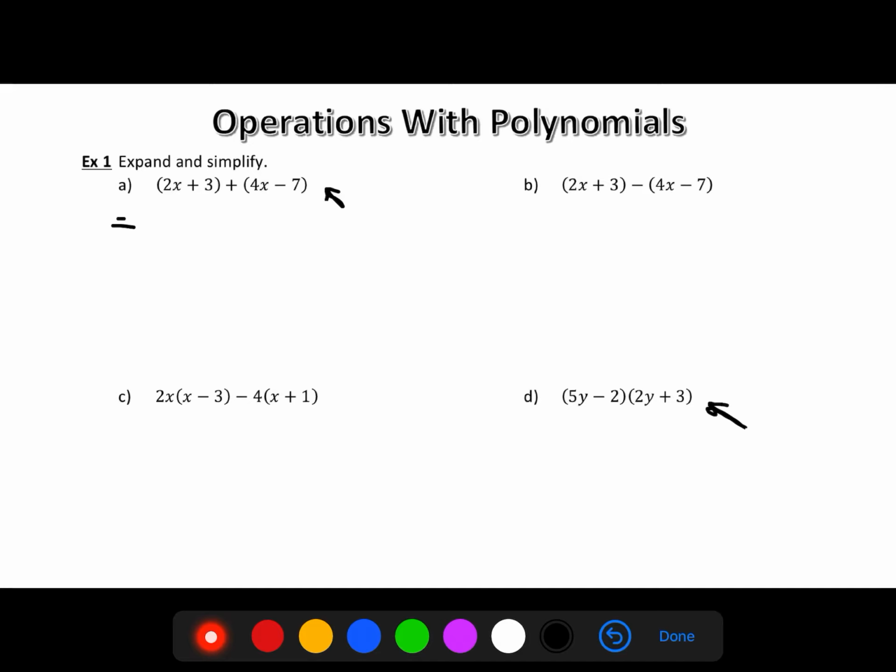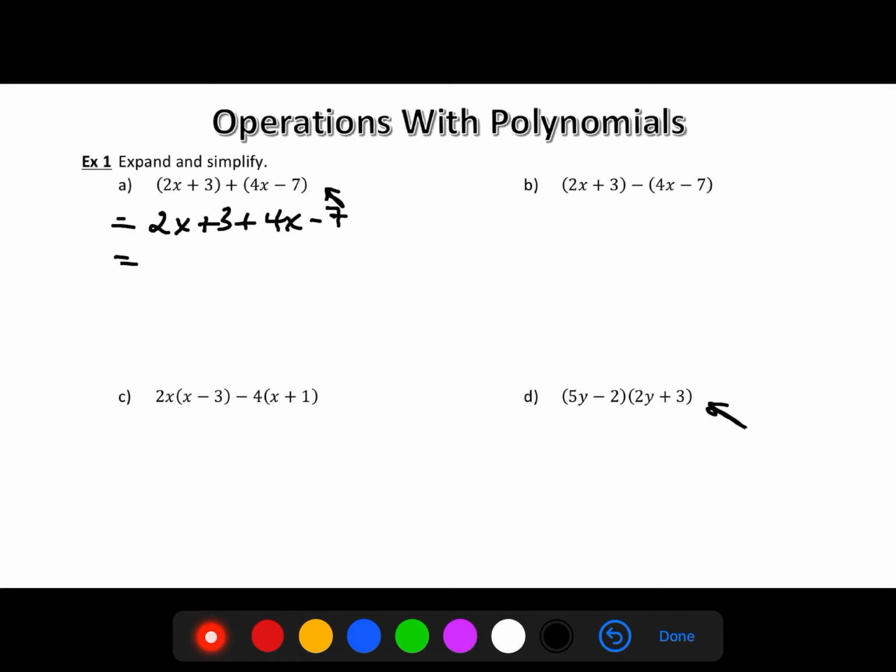So if we don't have anything between our terms, that means multiplying, whether it's brackets or just a single expression. So in the first case, that plus in the middle doesn't change anything. We can just take those terms out of the brackets and simplify.